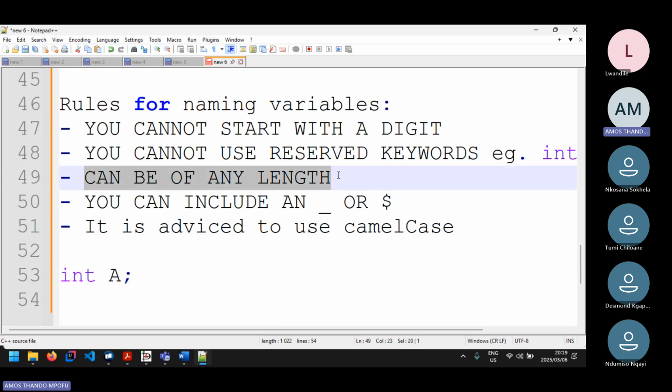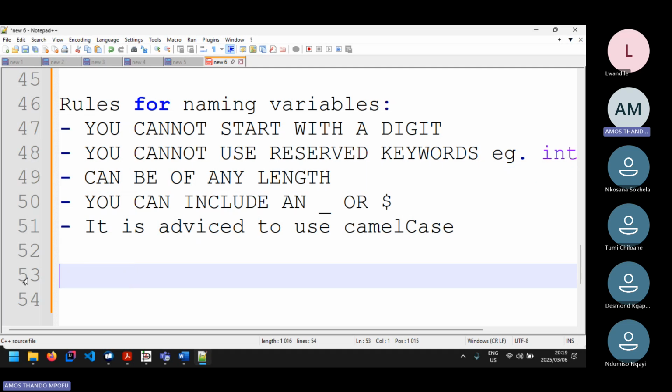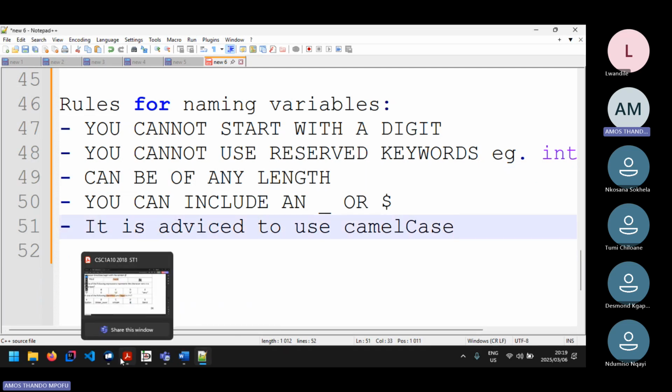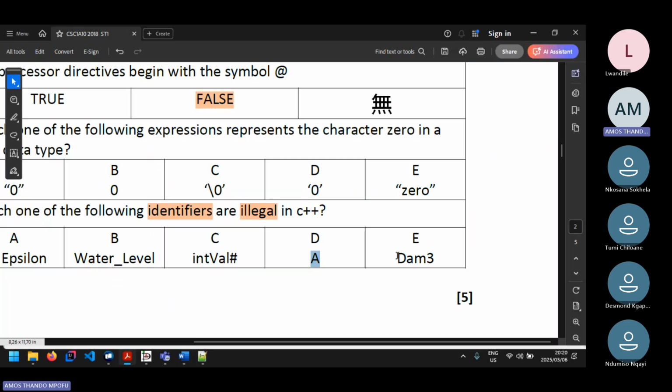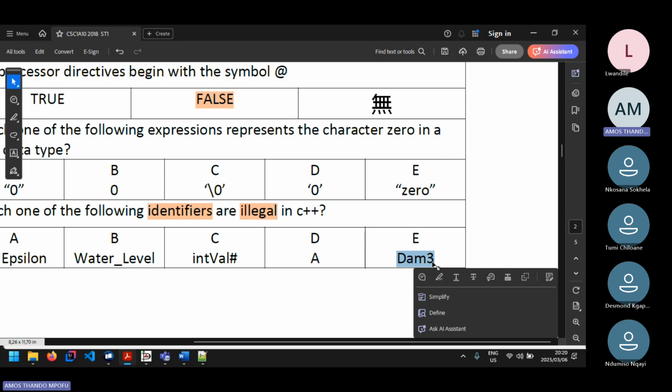Remember bullet number 3, any length. Even one letter is allowed. Then we have dem3. The digit is at the end, so it's allowed. If it was at the beginning, we would have an issue.